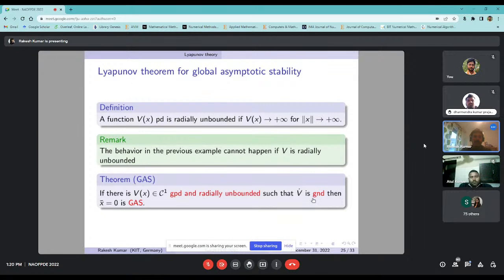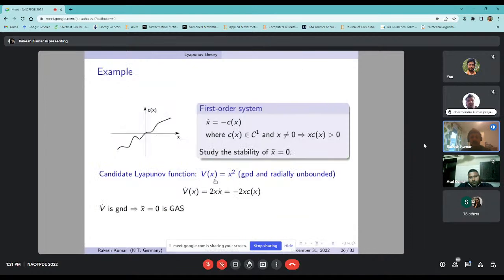In that case, we can say that this equilibrium point is globally asymptotically stable, and the derivative will be strictly less than 0.